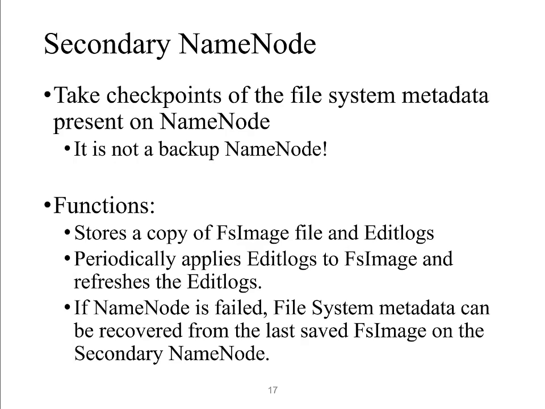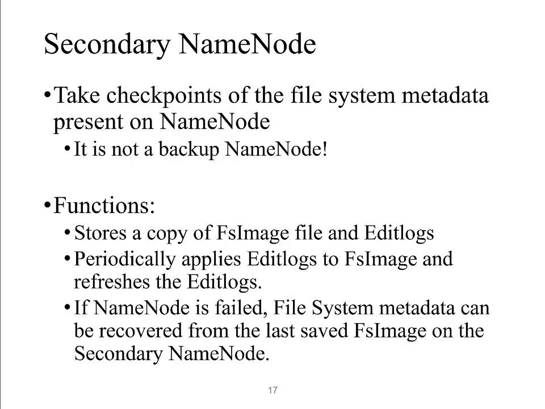So a secondary name node takes checkpoints of the file system metadata present on the name node. And it is not a backup name node. It's different from name node.